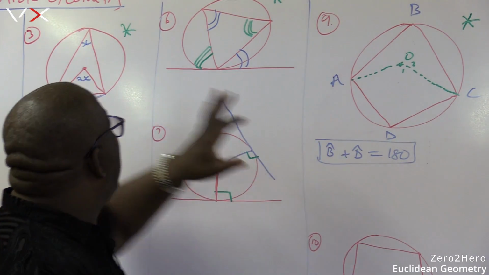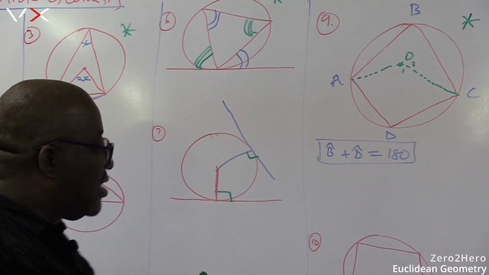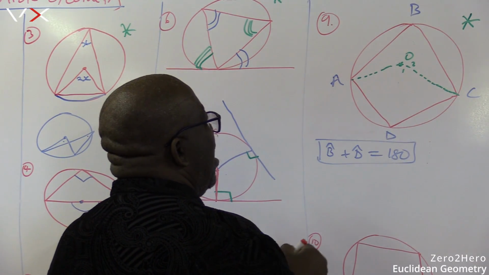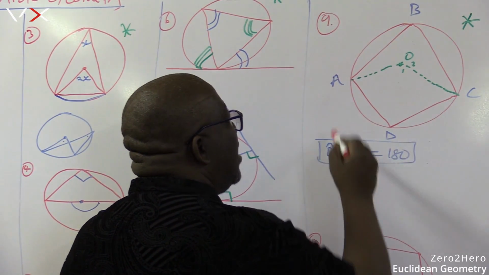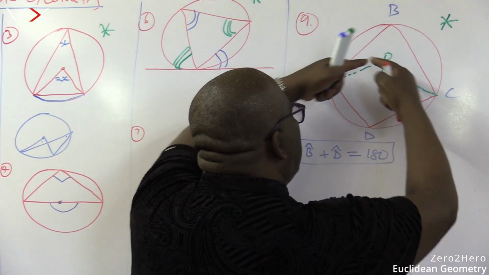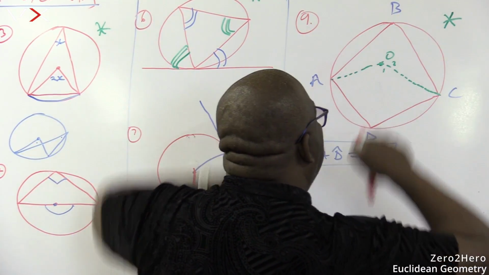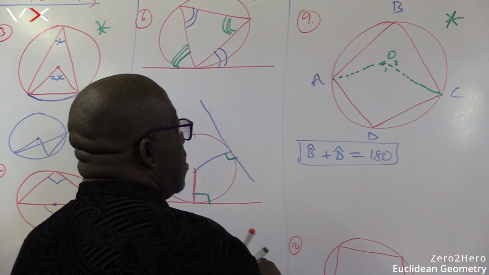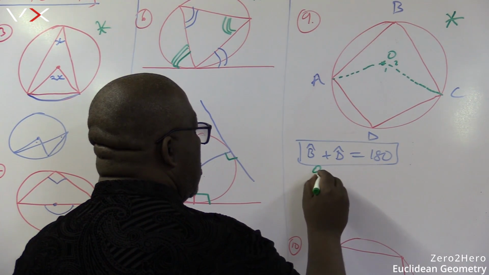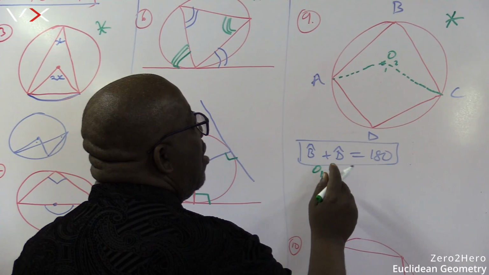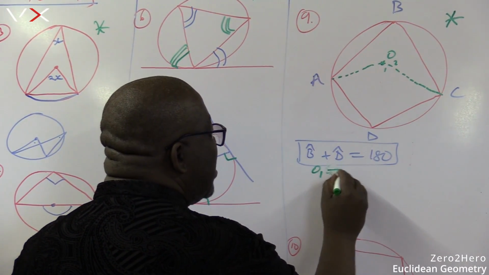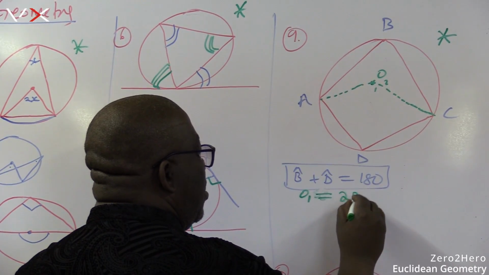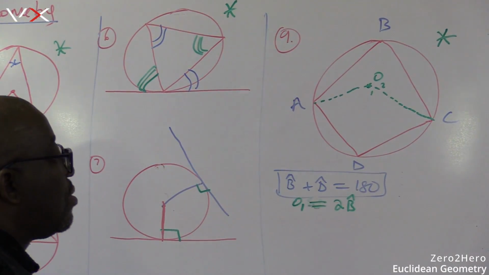Do I see this theorem here? Yes, I can see that angle O1, do you see this angle here? Angle O1, this one. It is subtended by this arc. It goes to the center, the same one goes to the circumference. So we can say angle O1 is equals to twice angle B, 2B, right?